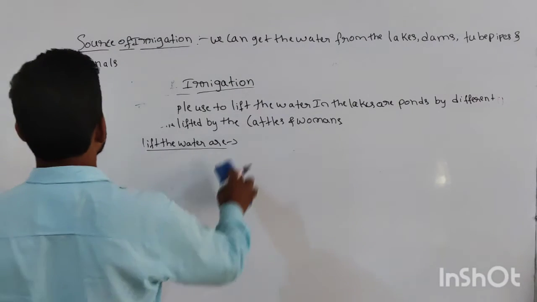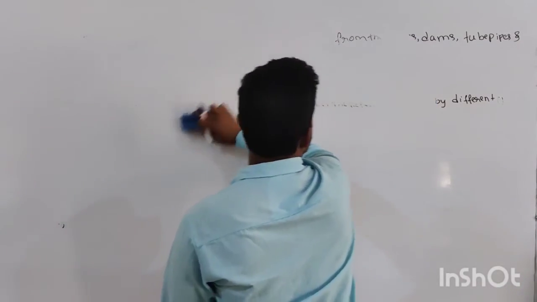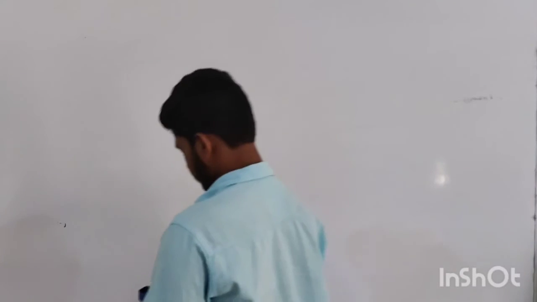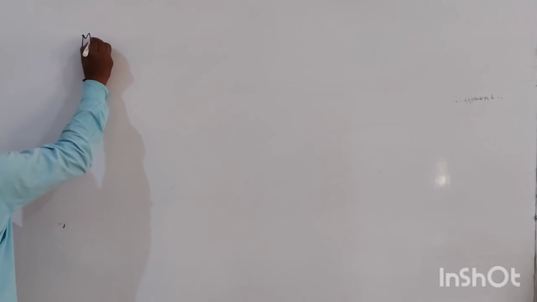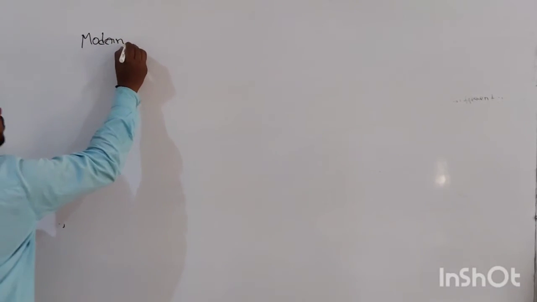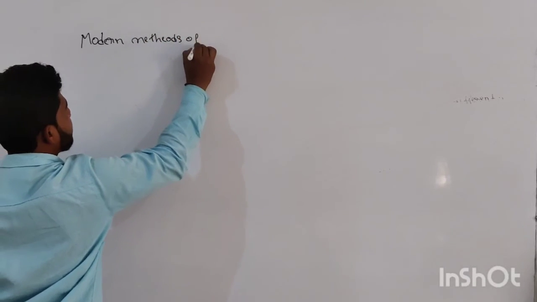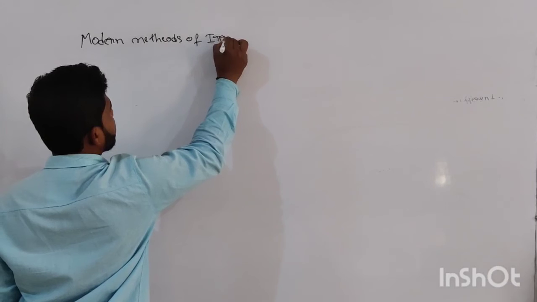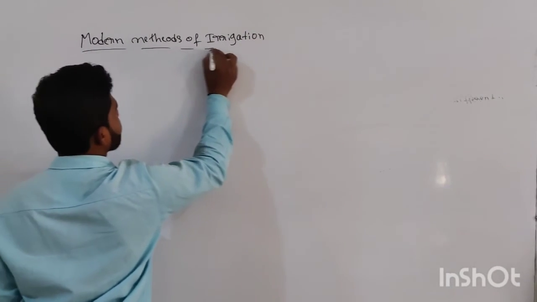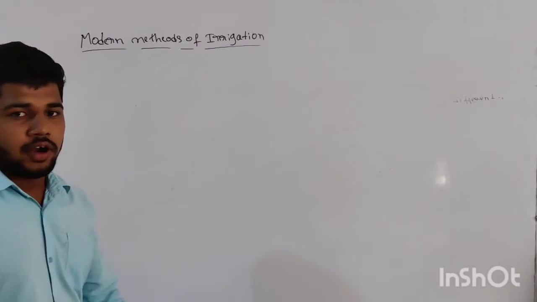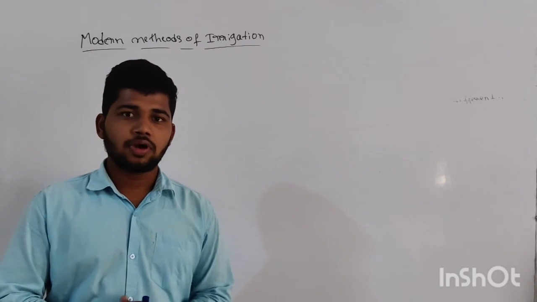Modern methods of irrigation. Nowadays the people use two methods to provide water to the crops.